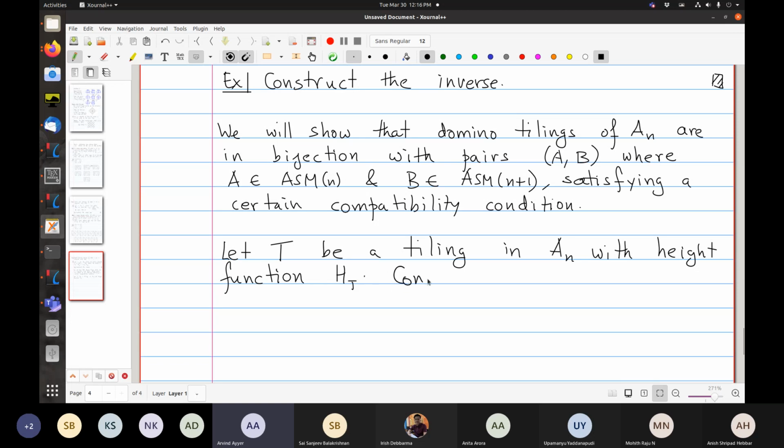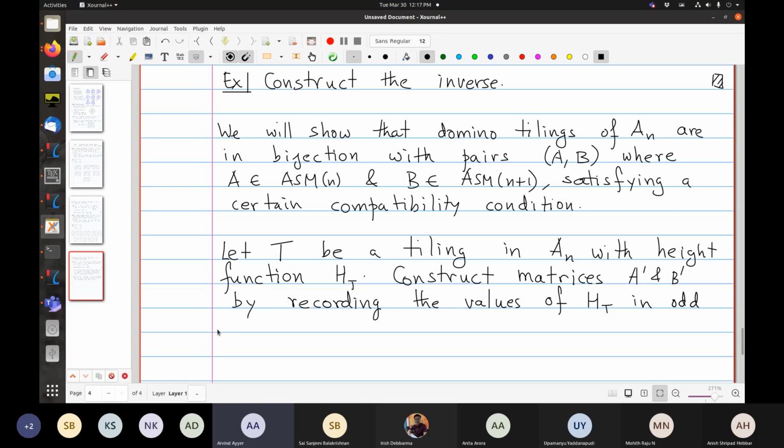So we will construct matrices A prime and B prime by recording the values of ht in odd and even vertices respectively.